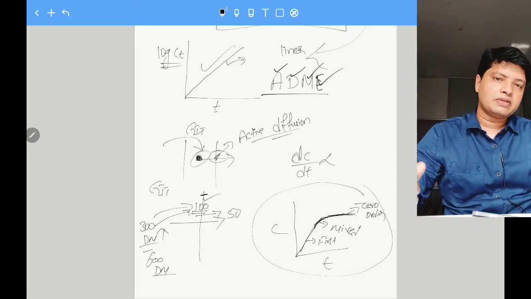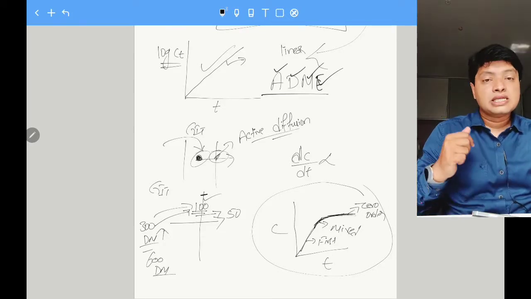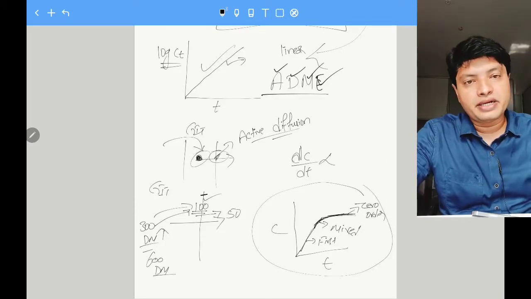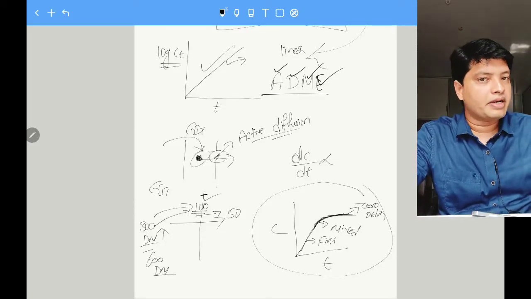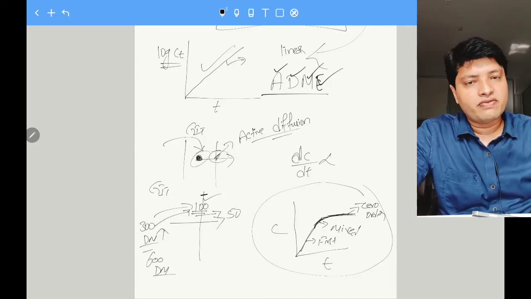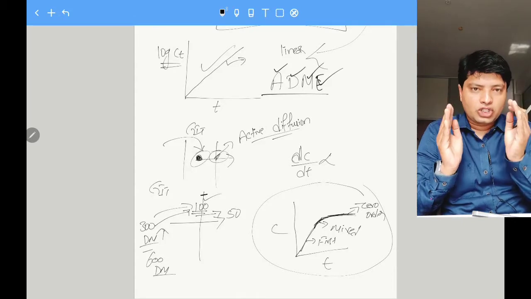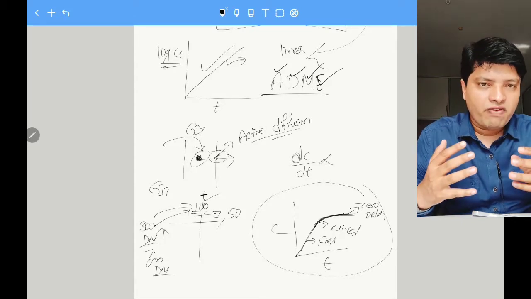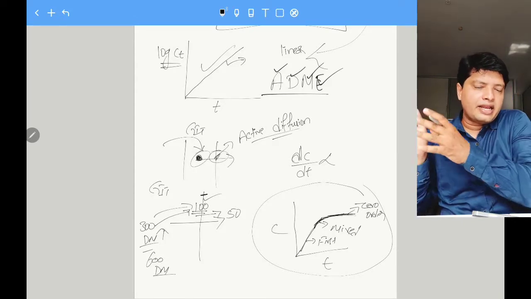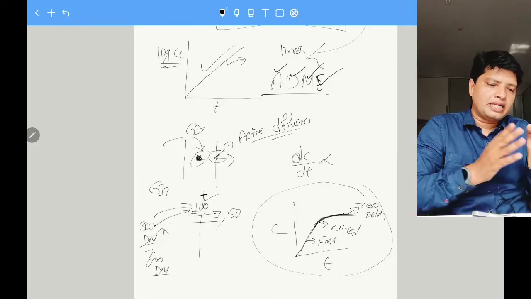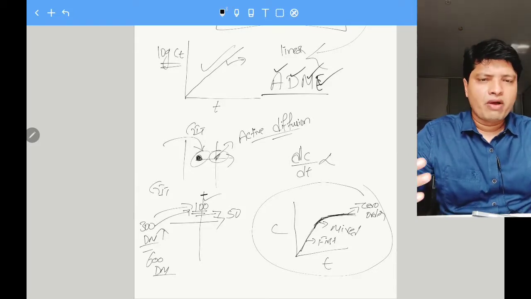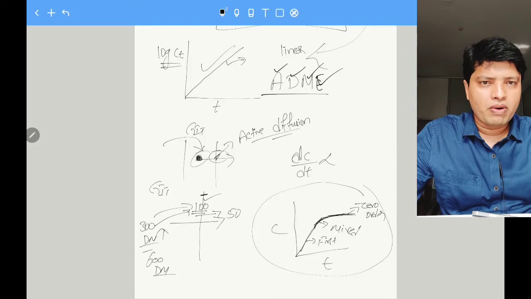Elimination also, in case of elimination, some will follow passive diffusion, some drugs are actively eliminated through the body. In that case also we can see non-linear pharmacokinetics. So overall, in short, if the drug follows passive diffusion in case of absorption and elimination, we call them as linear pharmacokinetics.